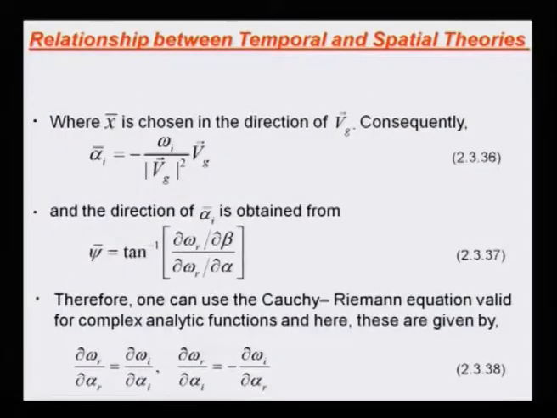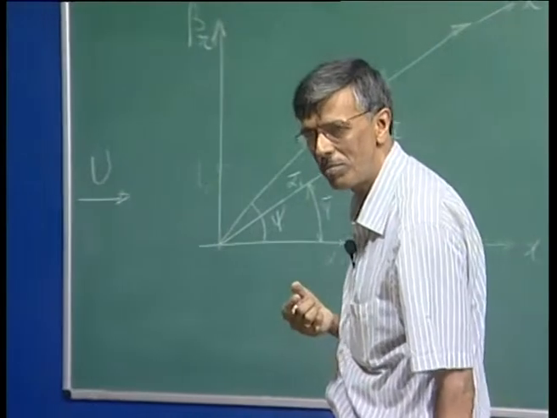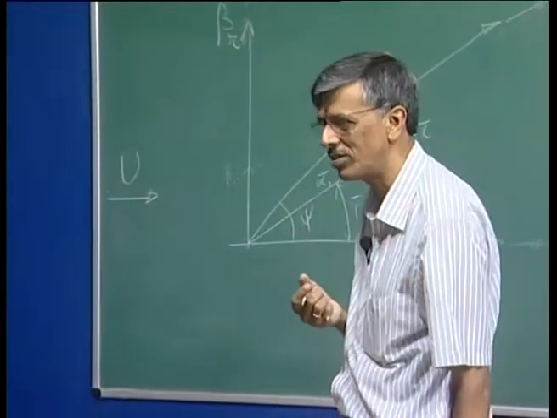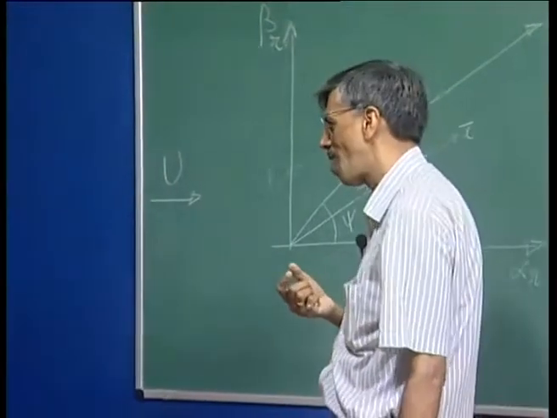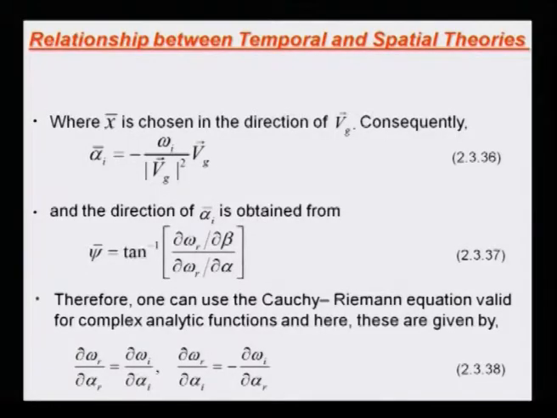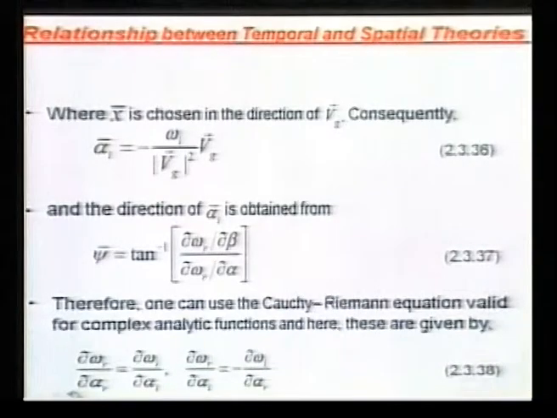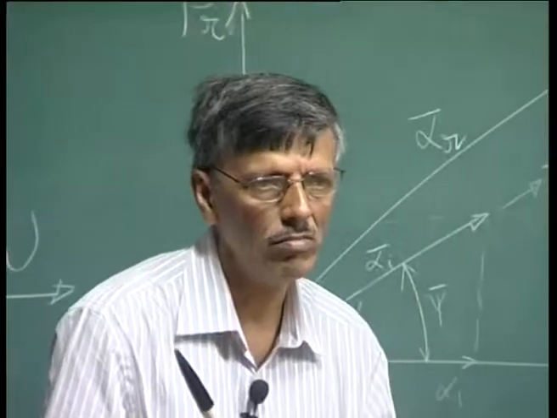Now, why does it happen that way? Why that happens is given by properties of complex functions. So, think of the real part of the frequency omega r. What I could do is write this complex omega as a function of complex alpha.